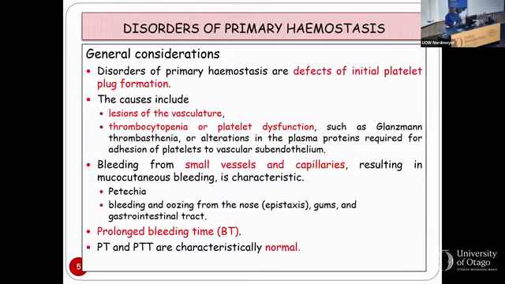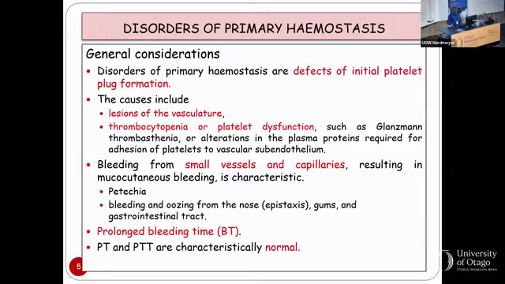Now, usually when it involves small vessels and capillaries, you would find that the presentation will be in the form of petechial hemorrhages, pinpoint hemorrhages. That's the one called petechia. And it could also be prolonged bleeding and oozing. That can happen especially when it's focal.